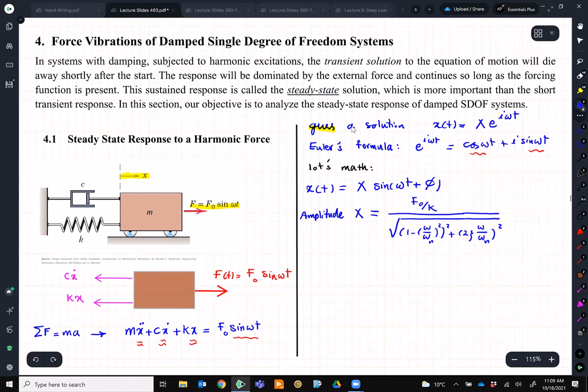We know what omega n is. We know what zeta is. We can calculate all of these terms. So we can then calculate the amplitude of vibrations.